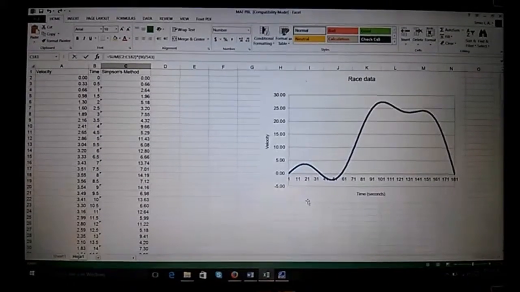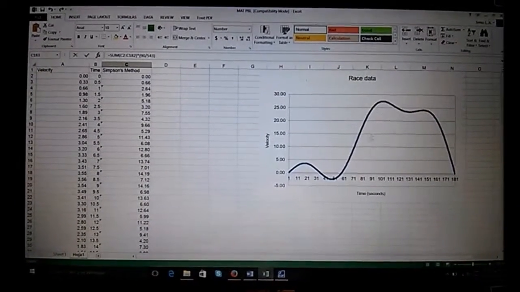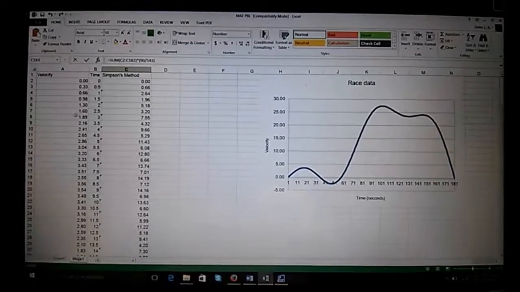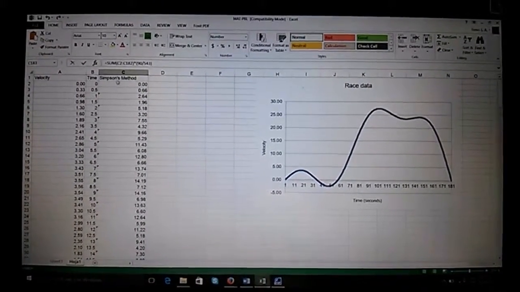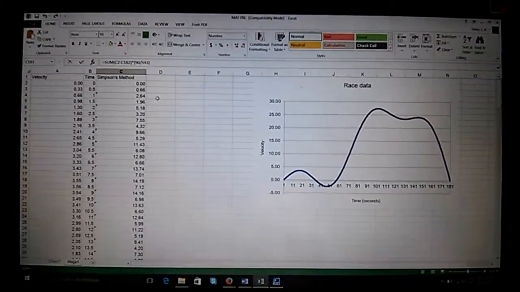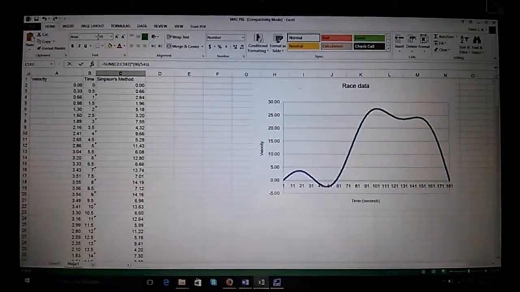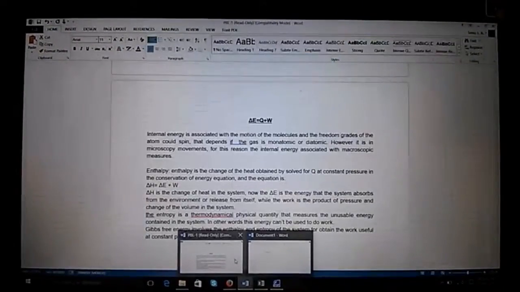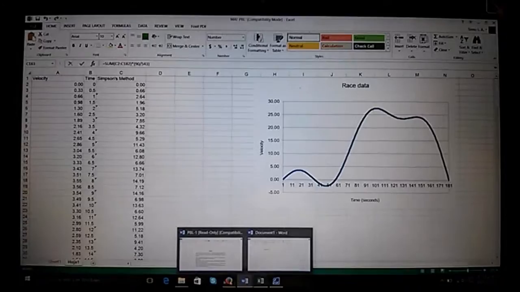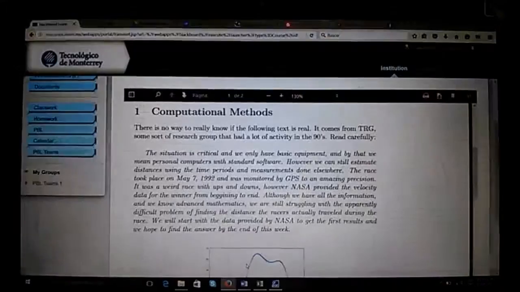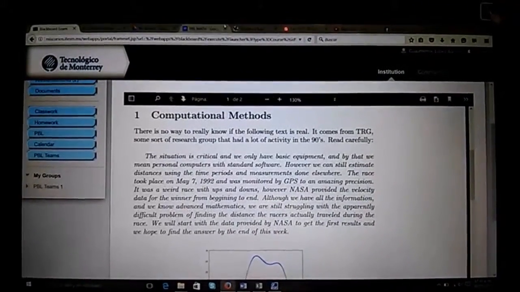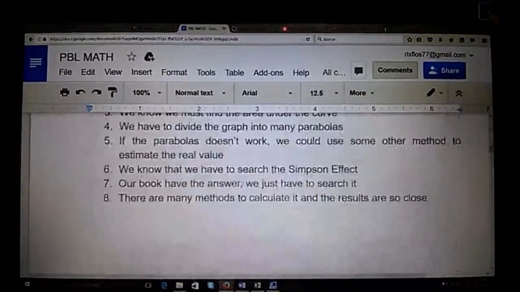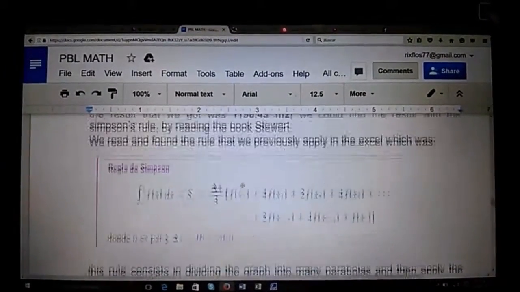This is the Excel with the values, this is the graph, and these are the values that they gave us. For the Simpson method, to get the result of this, we used a formula. The formula is here in the document of the PBL.